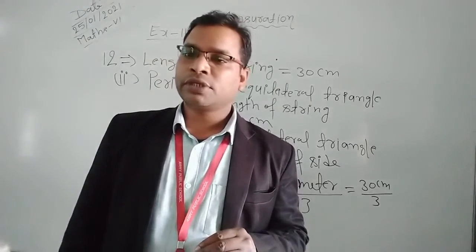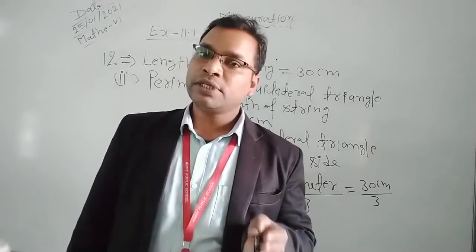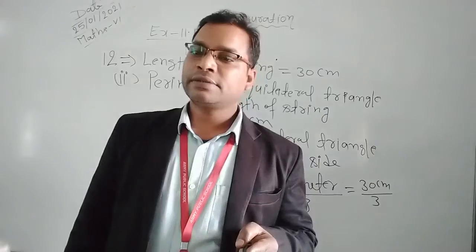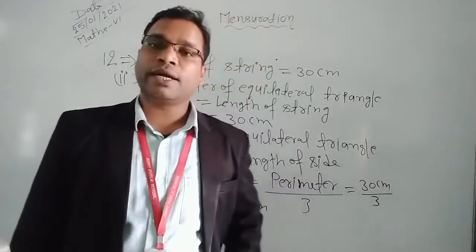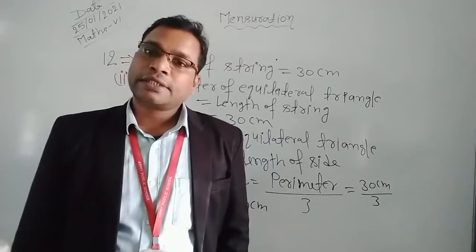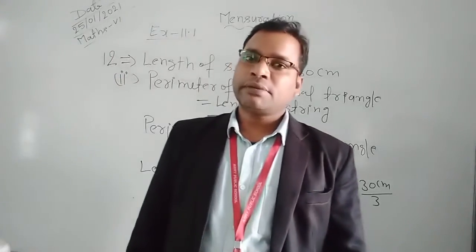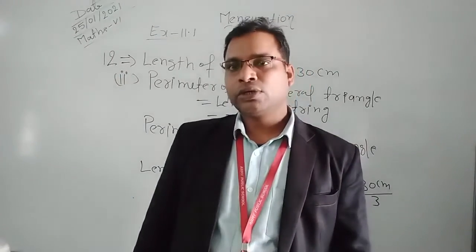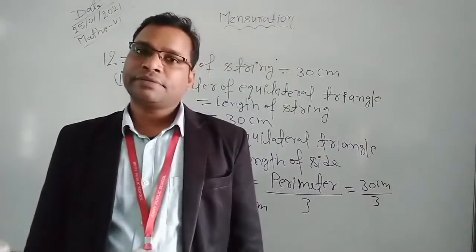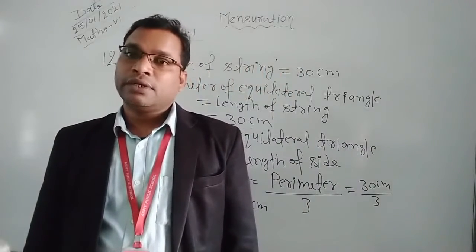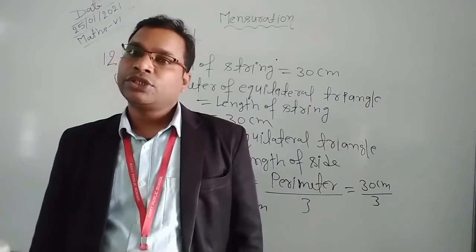The next part of this question is the third part. We again form a regular hexagon through this string, and we need to find the side of the regular hexagon. Students, you know very well a regular hexagon has 6 sides and each side is equal. So the perimeter of the regular hexagon is 6 into length of side.